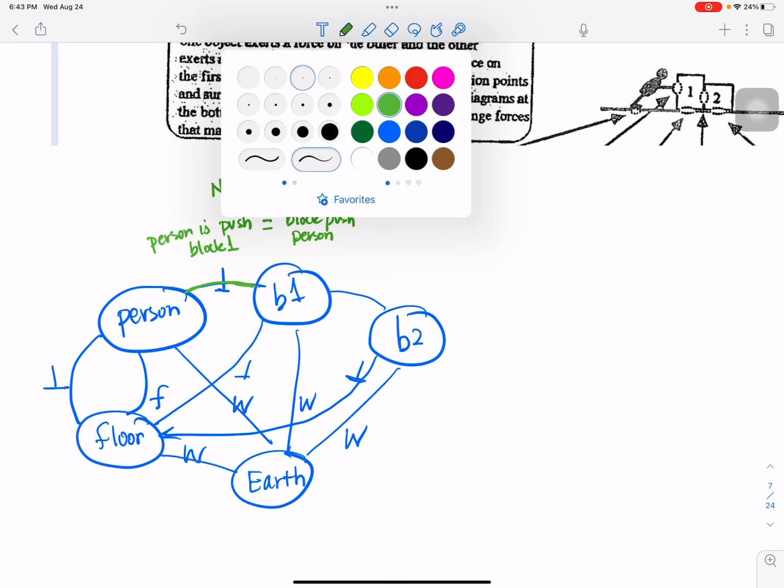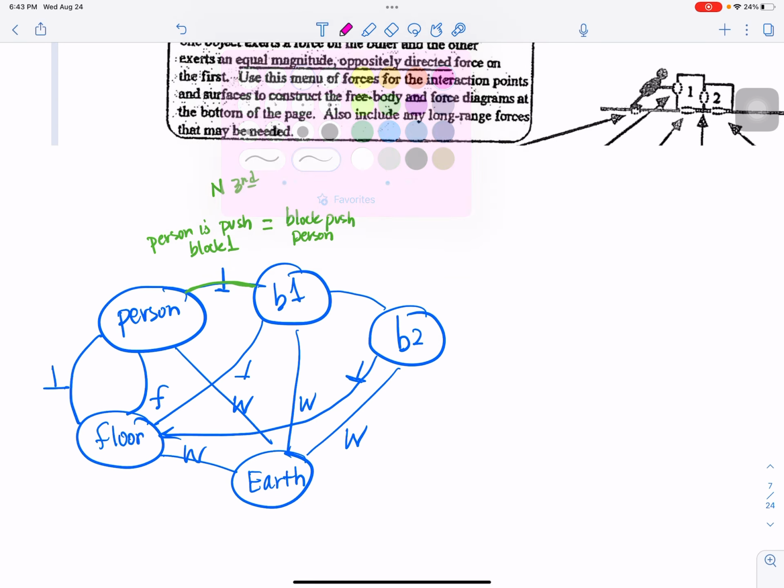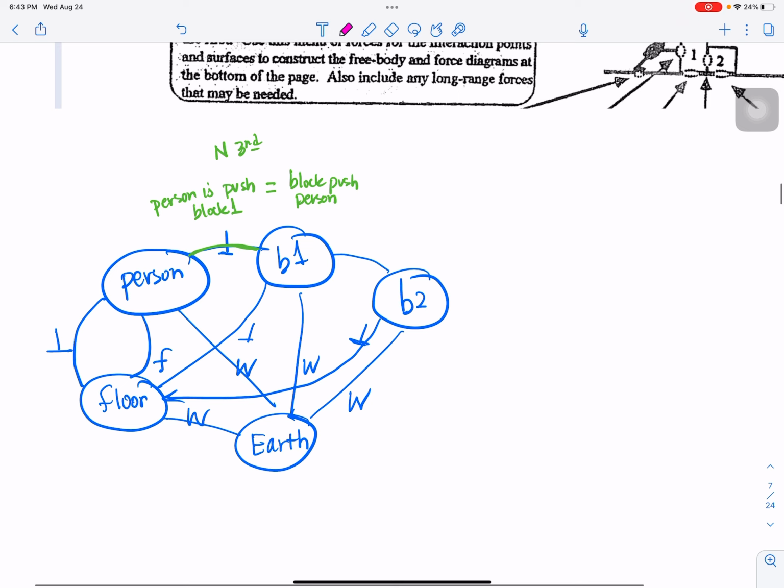So that leads us to something that you're going to think, no way, this is not possible. So we're going to look at the interaction between the earth and the person. And we know that the earth pulls the person. This is actually what we call weight. The pull of the earth is our weight.